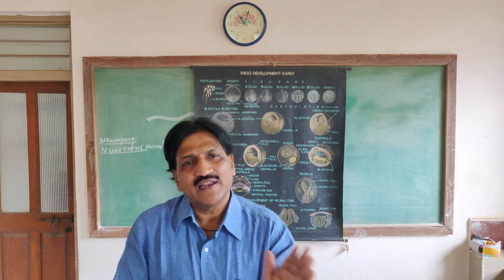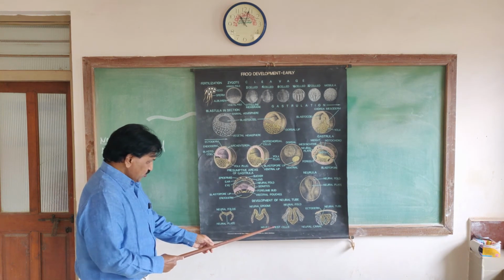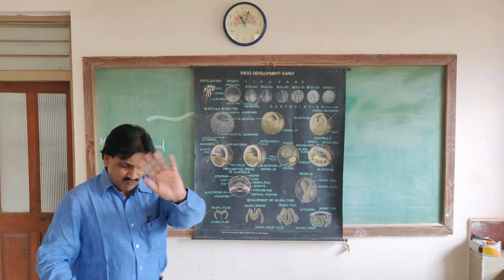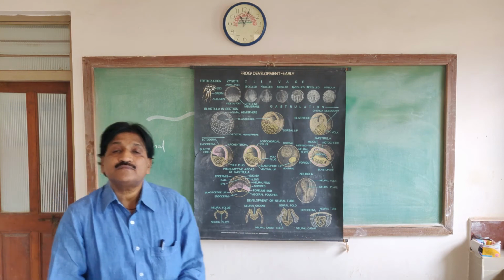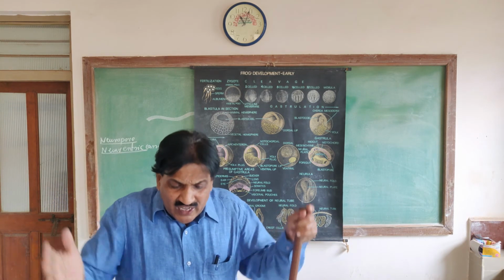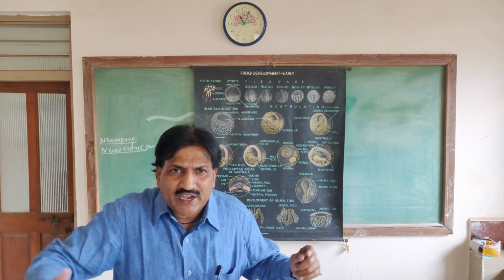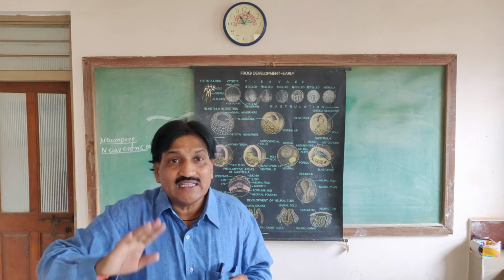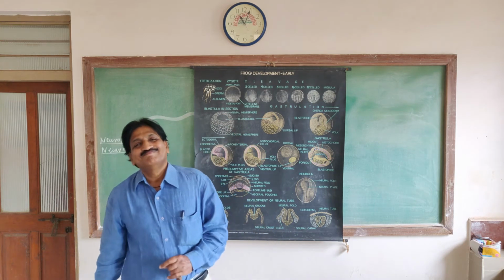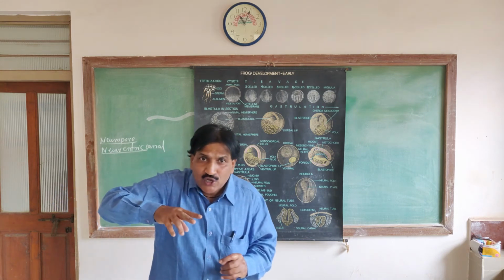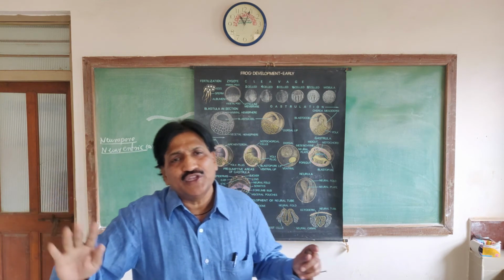These neural crest cells arrange themselves in the form of two longitudinal bands, one band and a second band, located on the dorsolateral side of the neural tube.